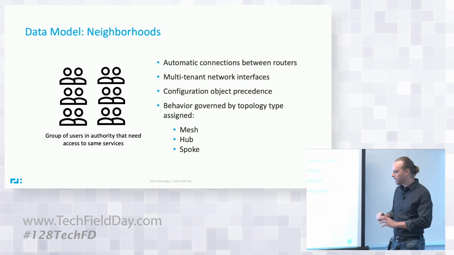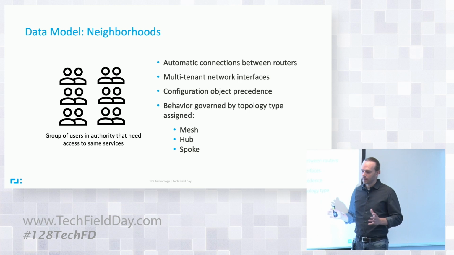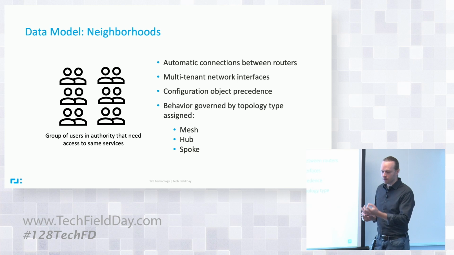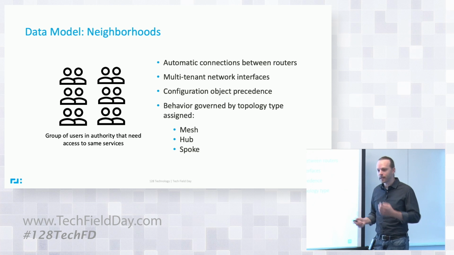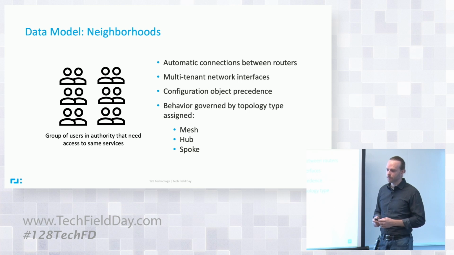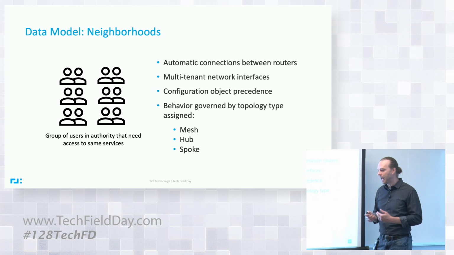So a neighborhood really can be thought of in some fashion as a directed graph network, where your routers are your nodes, obviously, and your neighborhoods define the edges of your network. What it's used for, by way of the conductor today, is to automatically go through the process of provisioning peering relationships between 128T routers, as well as the corresponding adjacencies between them.